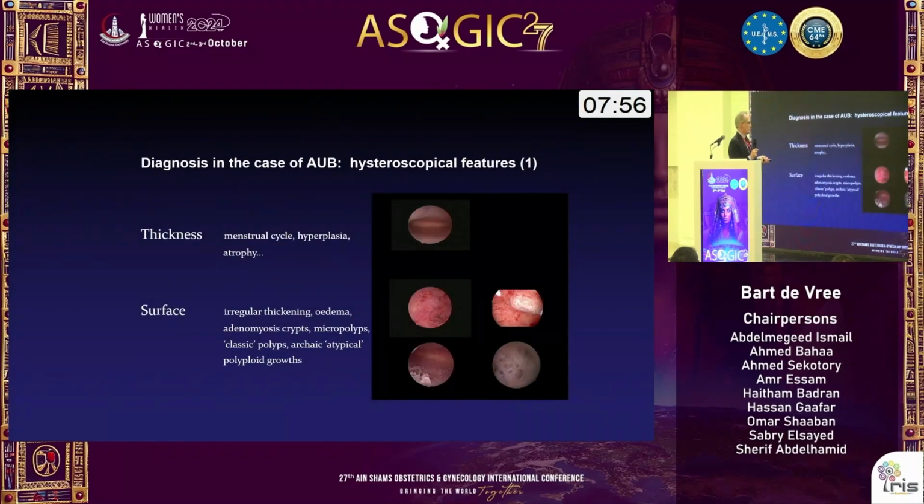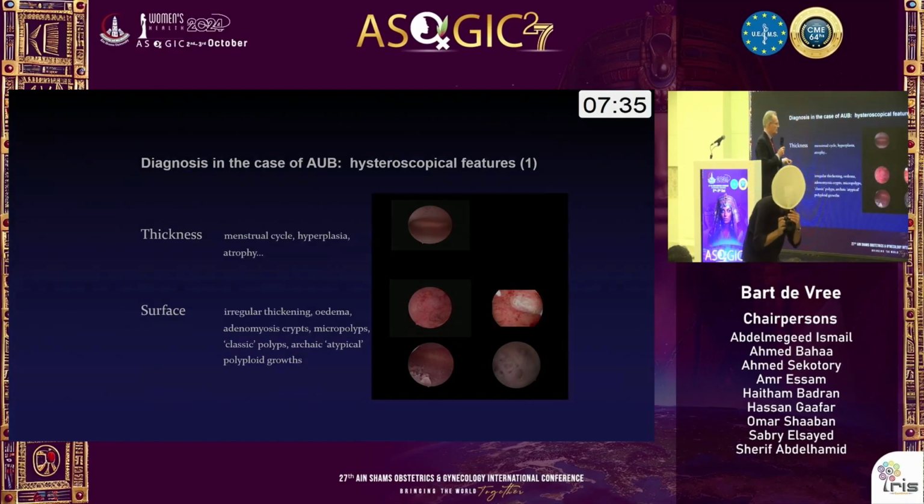Okay, so when we look at the endometrium, and I go fast, of course we look at the thickness of the endometrium. We look at the surface, because sometimes you have irregularities, you have edema, you have polyps, you have micropolyposis, or you have crypts, like you have in adenomyosis.